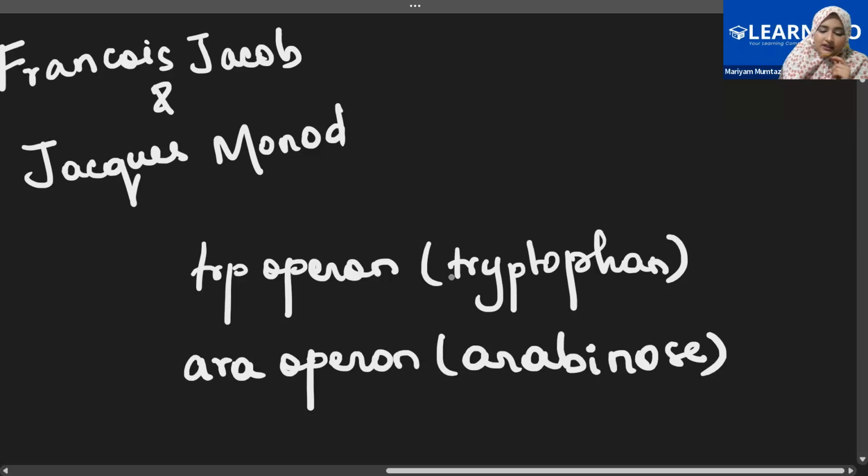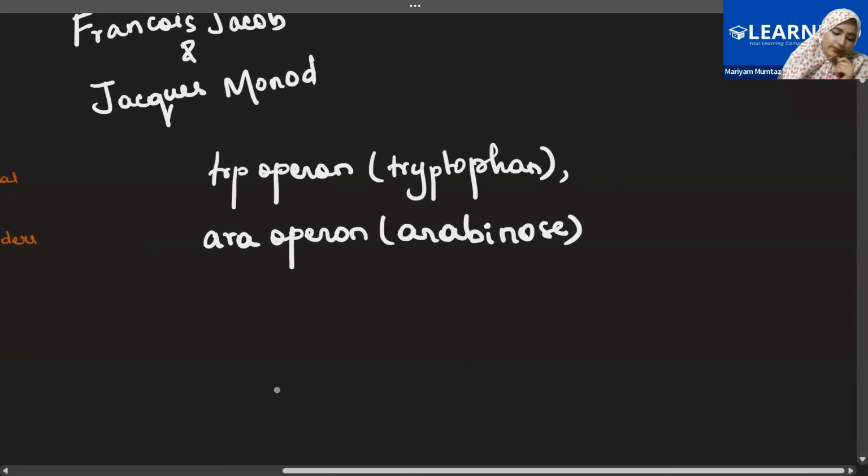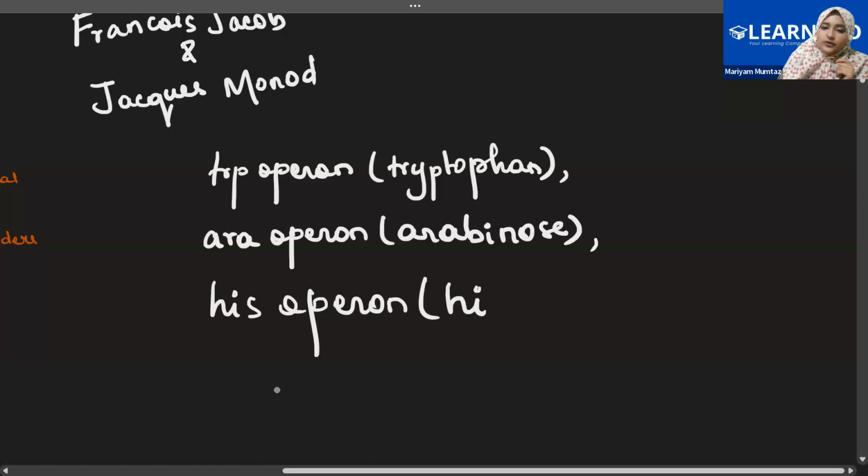After lac operon, you write down TRP operon, that is tryptophan operon, comma, ARA operon, that is arabinose operon. Then you write down HIS operon, that is histidine operon.